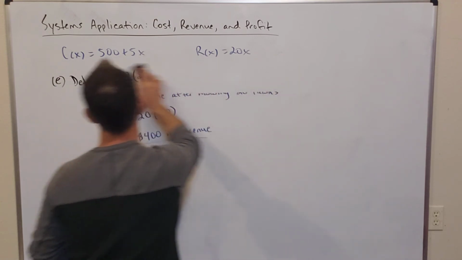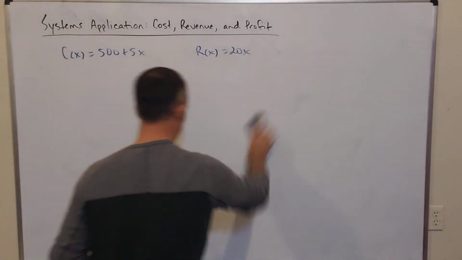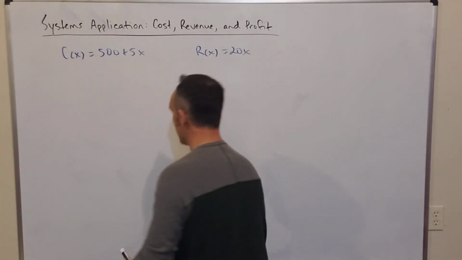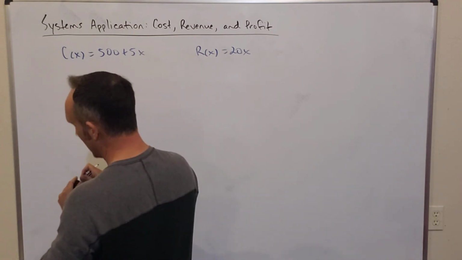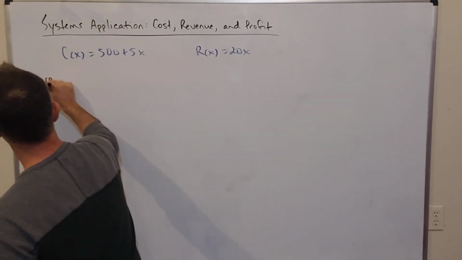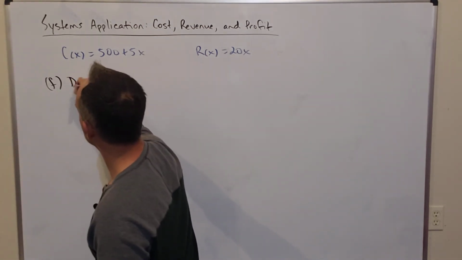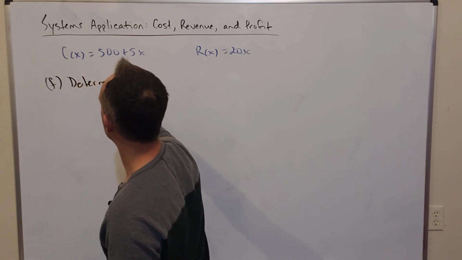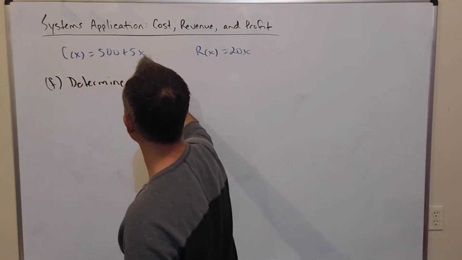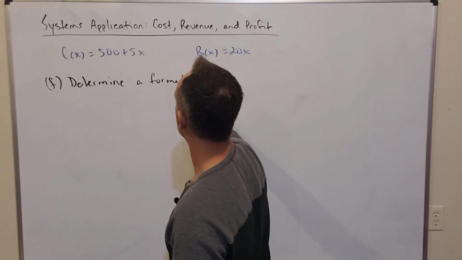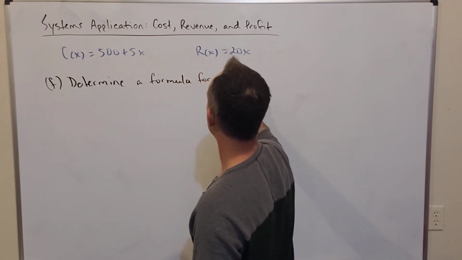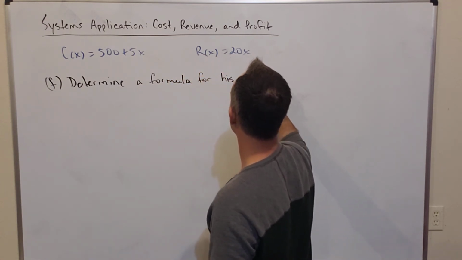Now let's be more general, let's say, and look at part F, which is to finally determine a formula for his profit.